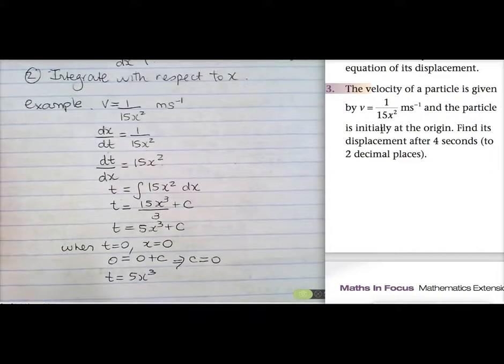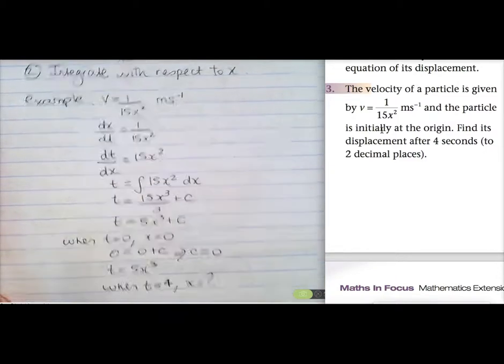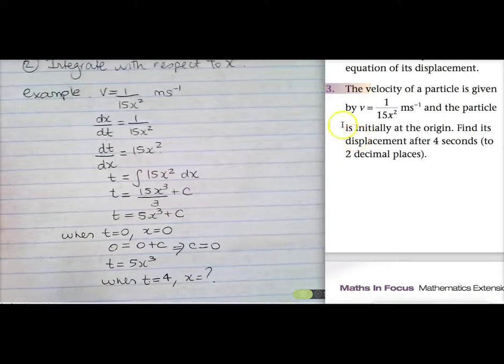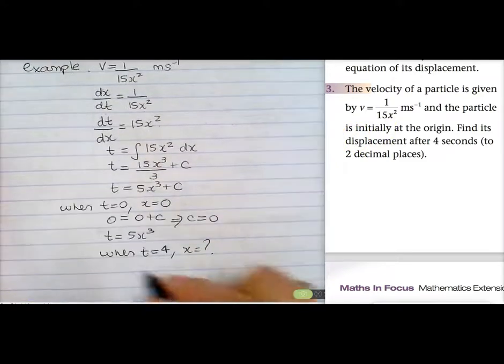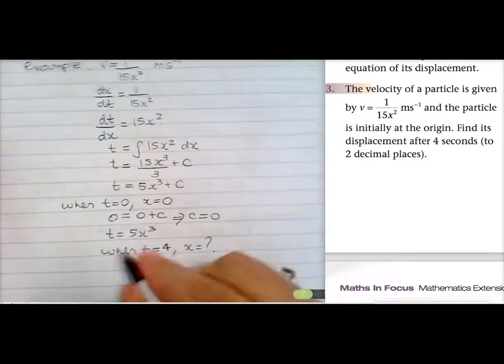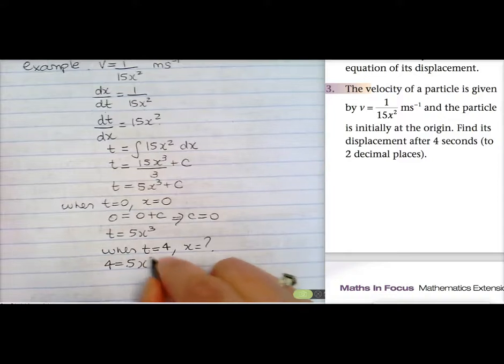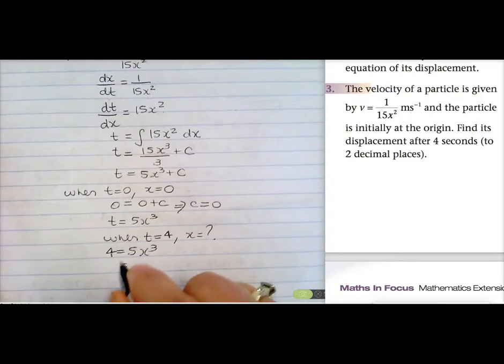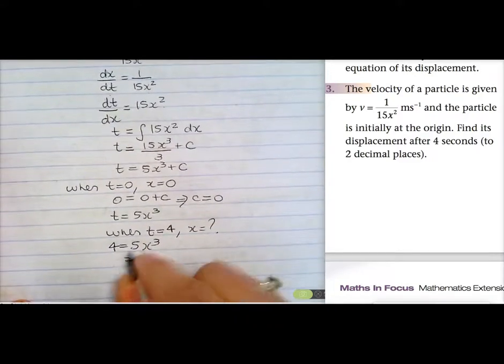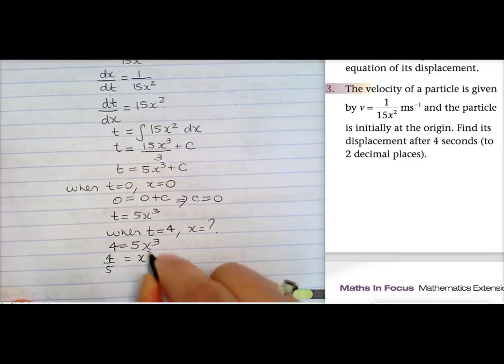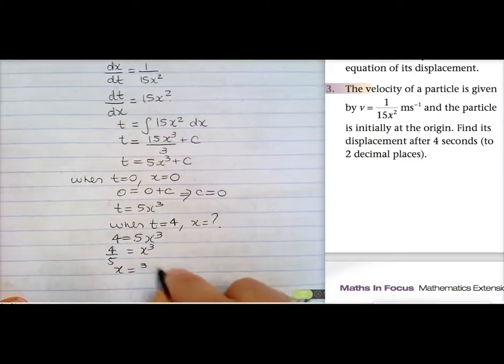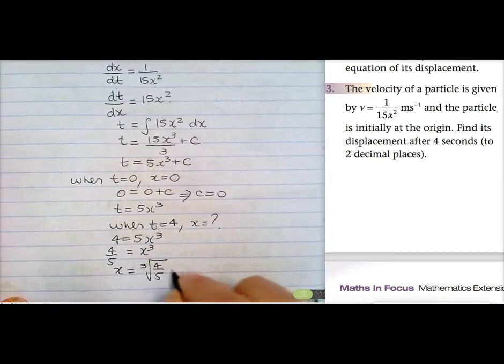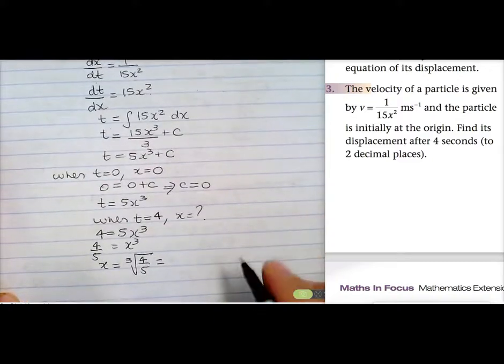And the question is, find its displacement after 4 seconds. When t is 4, we're finding x. x cubed is 4/5, which is 0.8, isn't it? Therefore, x is the cubed root of 4/5. It's the cubed root of 0.8, which is what?